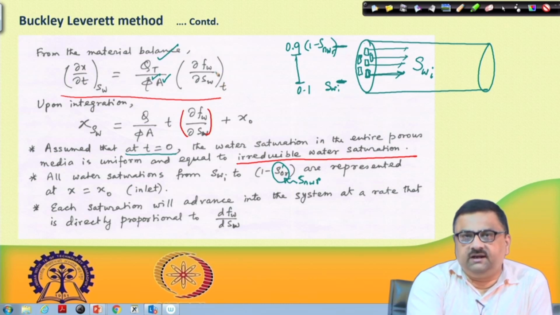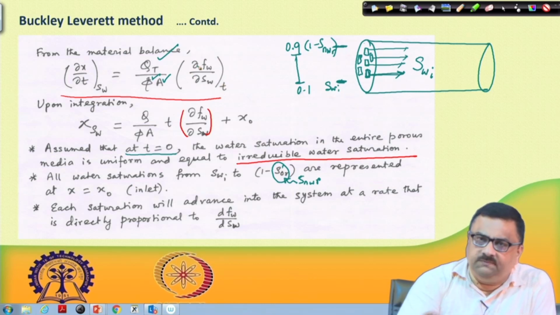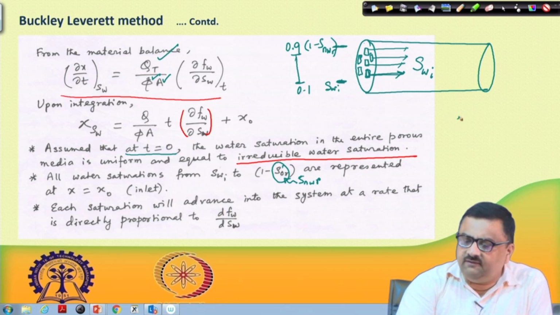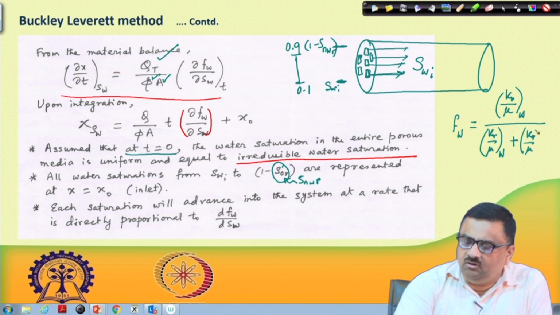So, somehow we have to find out what del FW by del SW is. Now, I have some hope there, because we have already written Fw, you may recall, as Kr by mu for the wetting phase divided by Kr by mu for wetting plus Kr by mu for non-wetting.